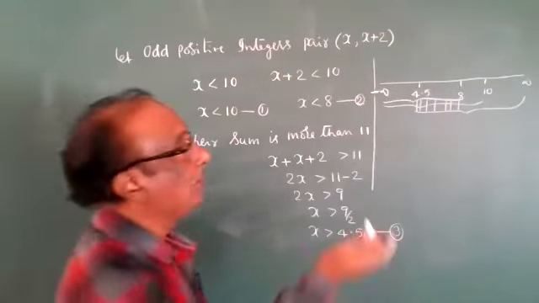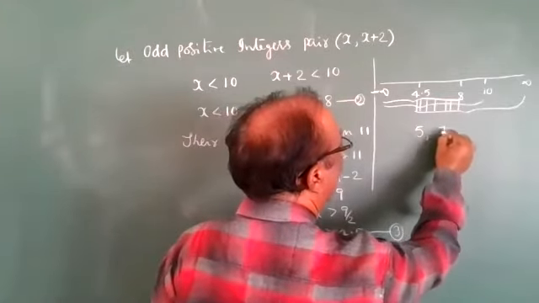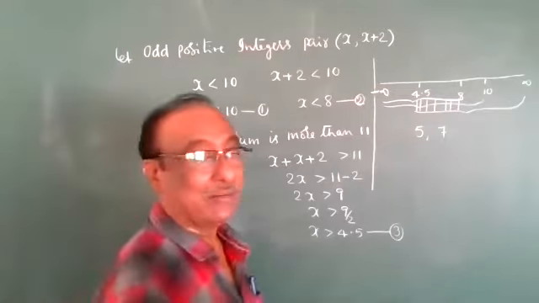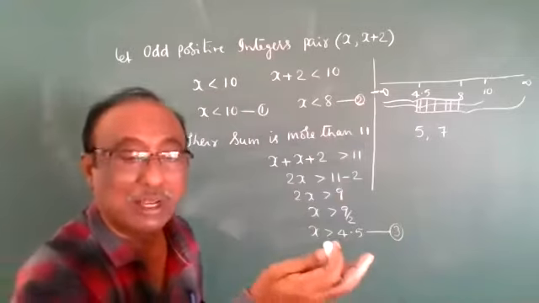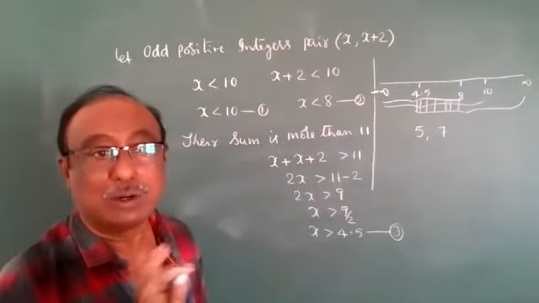The odd integers are 5 and 7. Only odd numbers, even numbers we don't take.